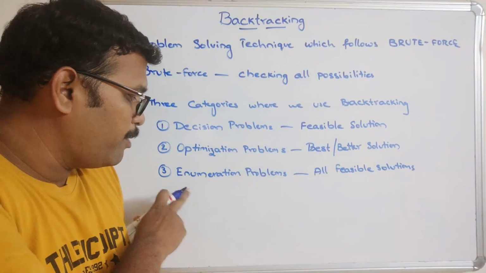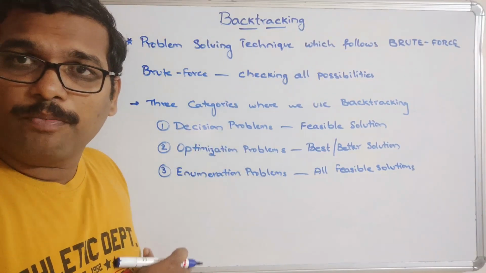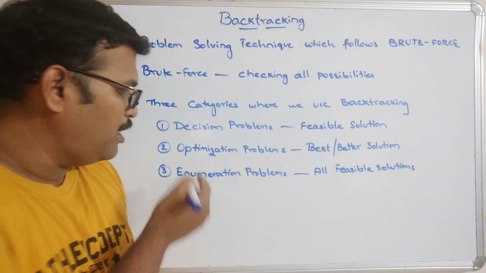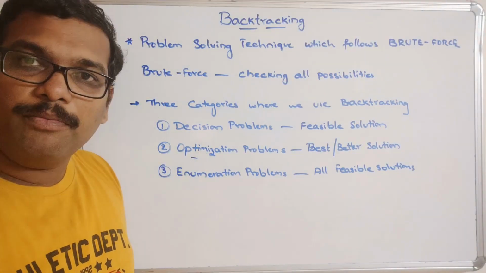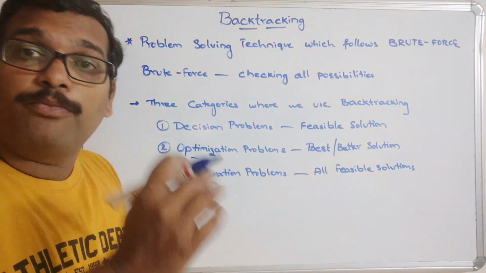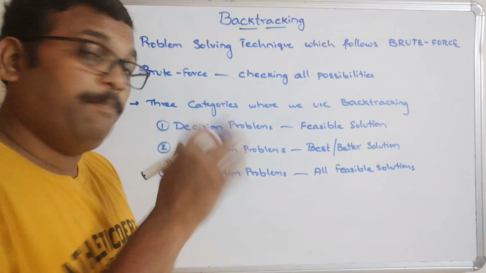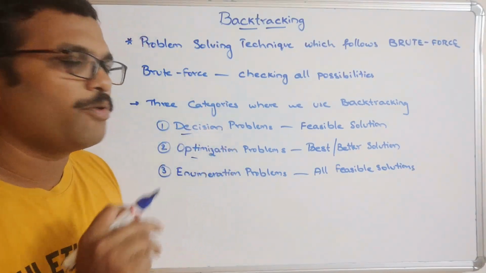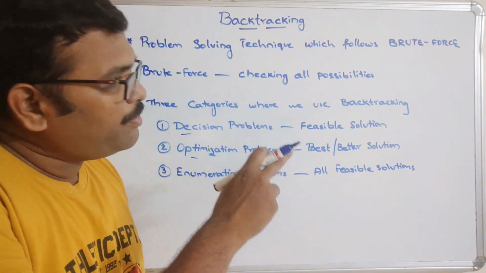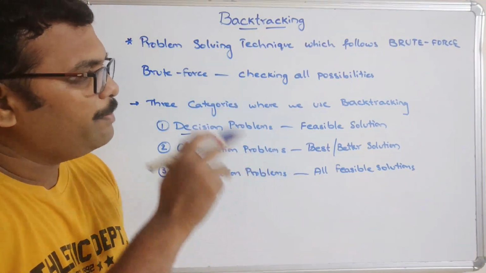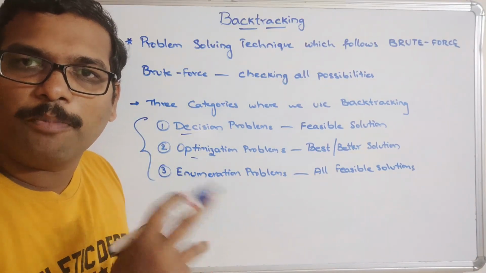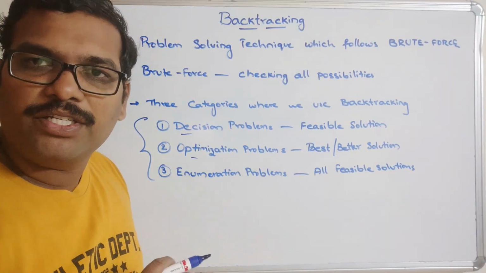If you want to solve a problem and get the optimal solution, that is called an optimization problem. And if you want to get a normal solution that may or may not be optimal, that is called a decision problem. So backtracking is used to solve these kinds of problems: decision problems, optimization problems, and enumeration problems.